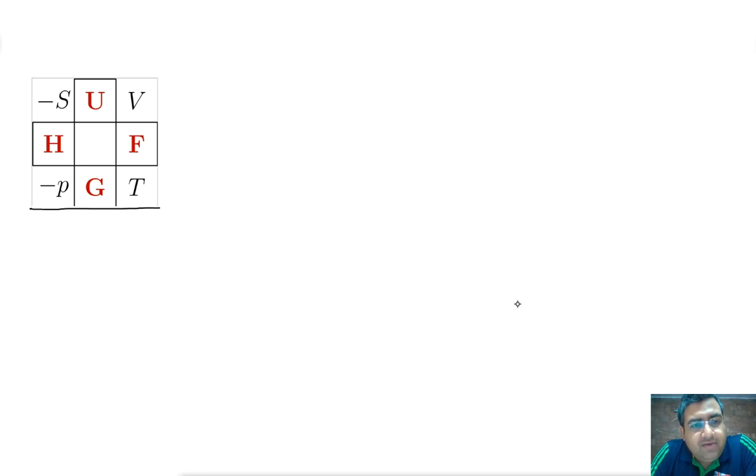Then we have H and F, and then we have P, G, T. G is for the Gibbs function, H is for enthalpy, U is for internal energy. Again here we have taken a negative sign with P.